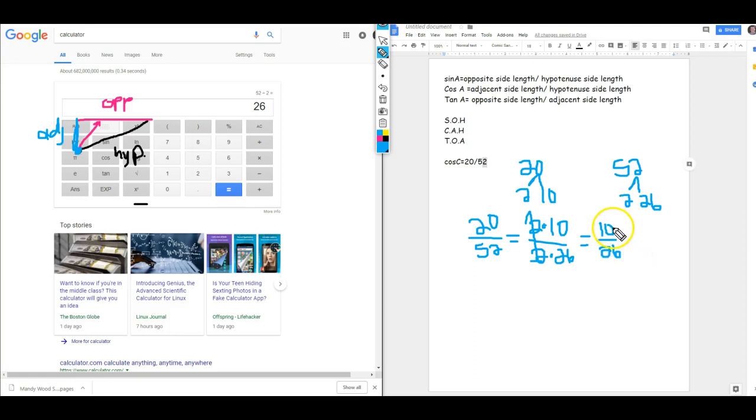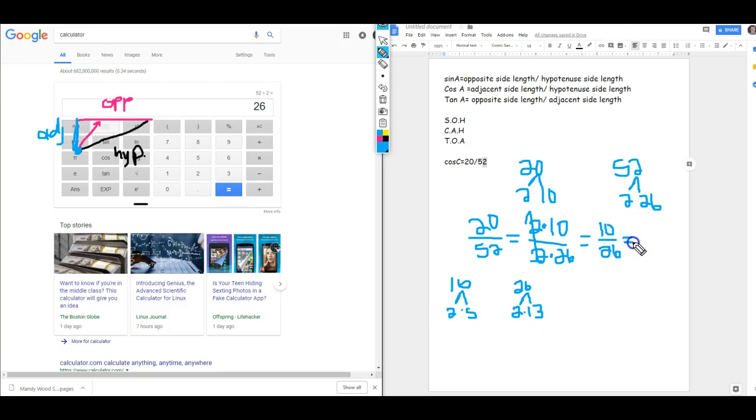And then I'm going to ask myself again, okay, 10 ends in a 0, 26 ends in a 6, so they're both even. That means 2 goes into them. So 10 can be rewritten as 2 times 5. 26 can be rewritten as 2 times 13.